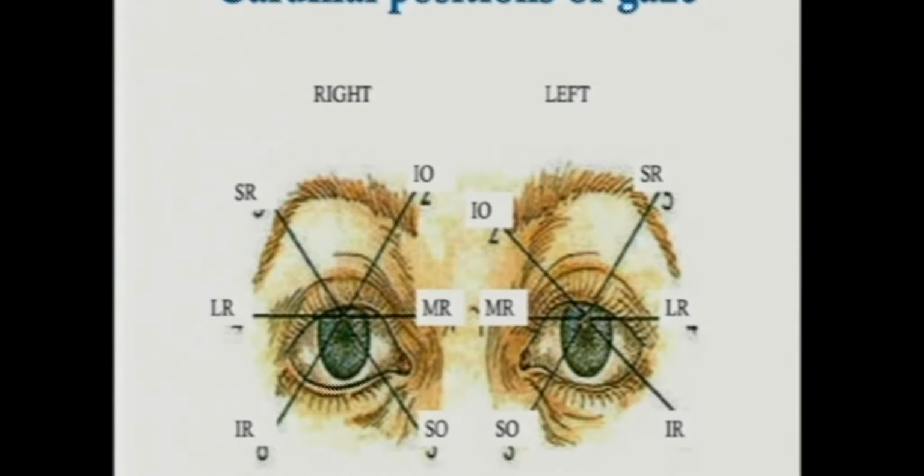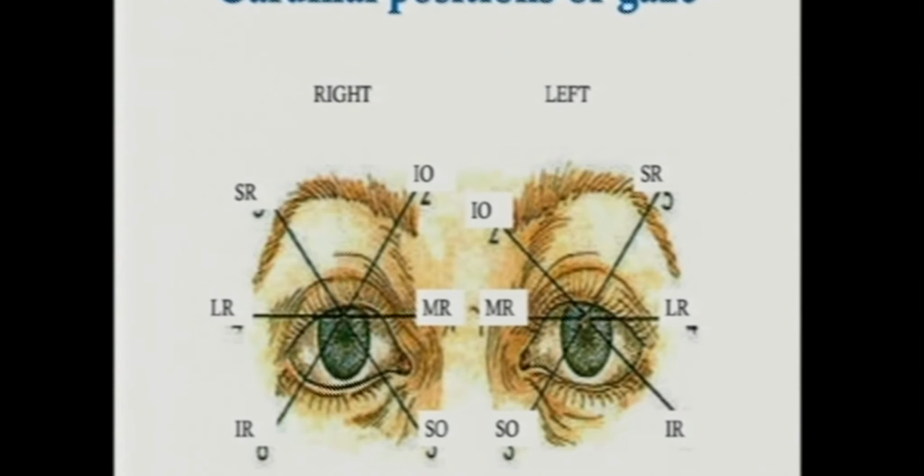So just a little bit of revision for the more junior members. These are the muscles that move our eyes around, and every time you make a movement of both eyes, a yoke muscle pair comes into view. So when you look to the right, it is the right lateral rectus and the left medial rectus at work.